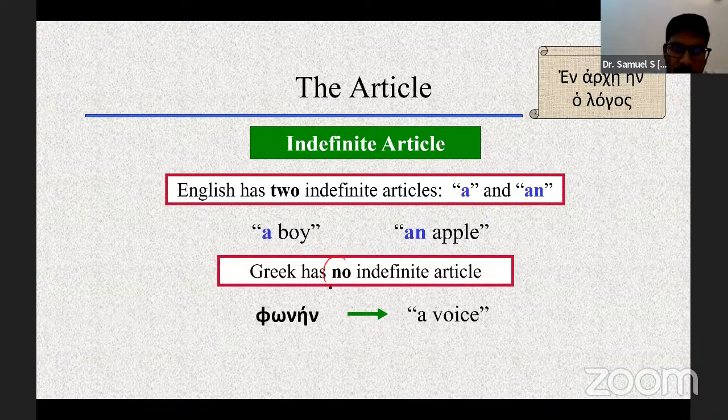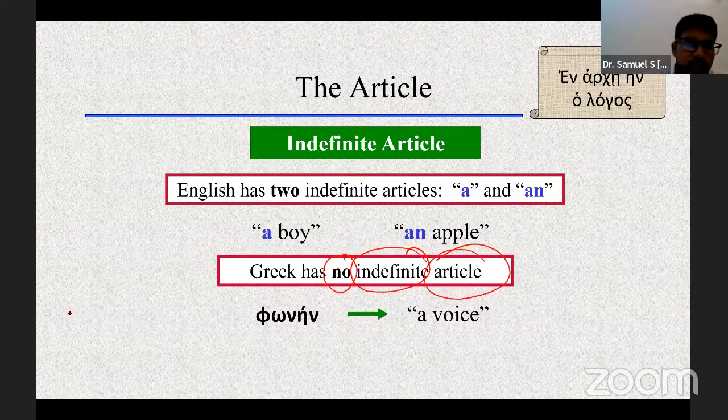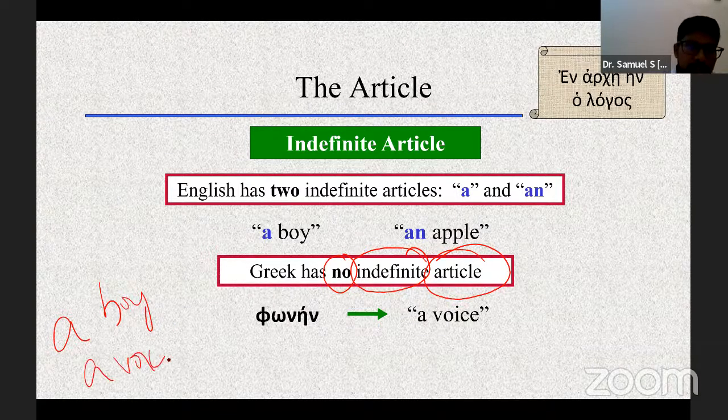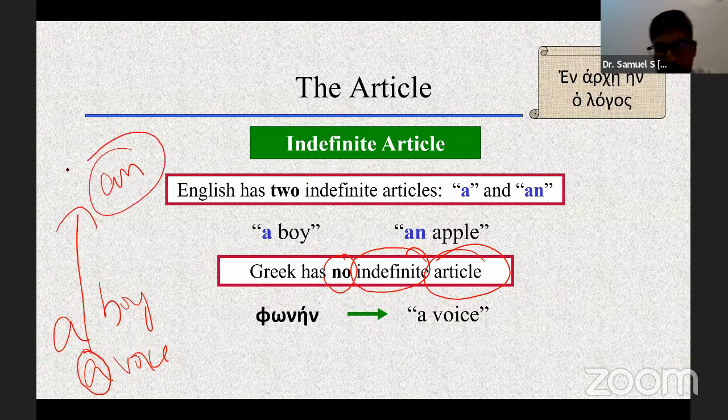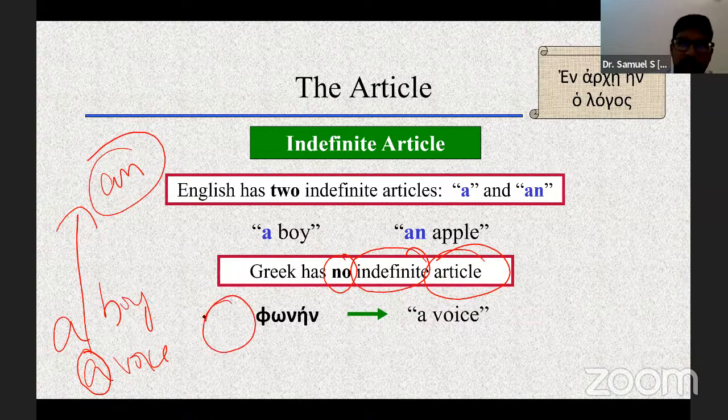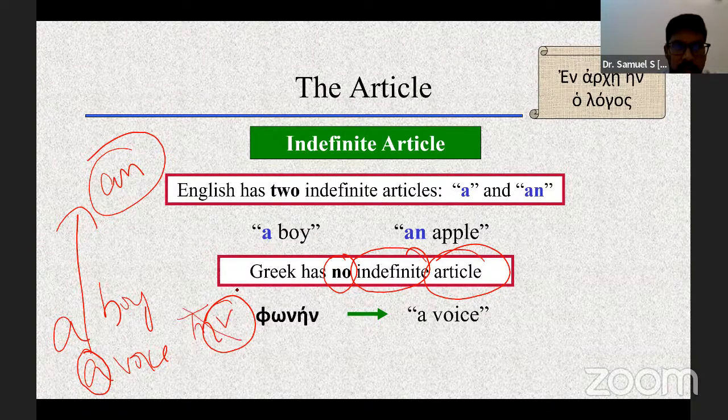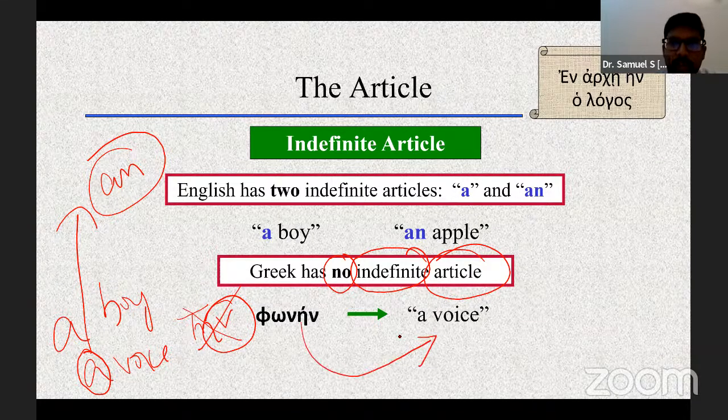Greek has no indefinite article. So if you ever want to say a boy, or in this example, a voice, there's no word in Greek to communicate a or an. Doesn't exist. Then how do you do it? Well, you don't have an article. If you don't say ten phonen, you remove ten, the article, it automatically conveys that this is indefinite, a voice.